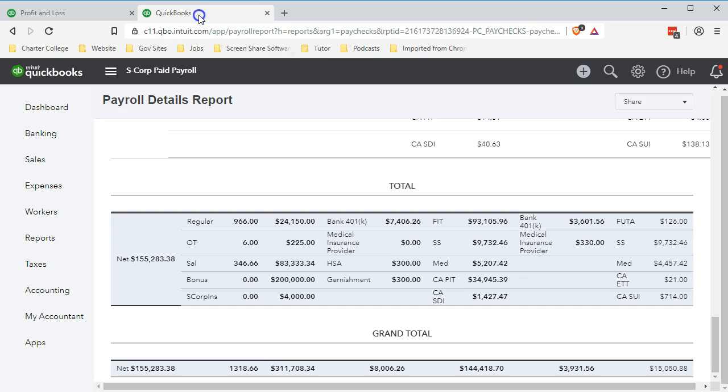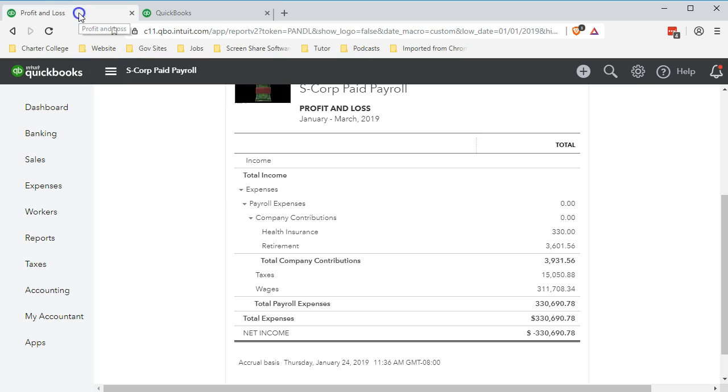If we go back to our report, the second tab, then we have the 401k, the medical insurance, the HSA, and the garnishments. These are items that were pulled out of the gross pay. You'll note that we do not see an expense item related to them. If I go back to the profit and loss, we don't see any separate expense item. We have the retirement plan and health insurance, but those don't include these items because these items are included in the wages.